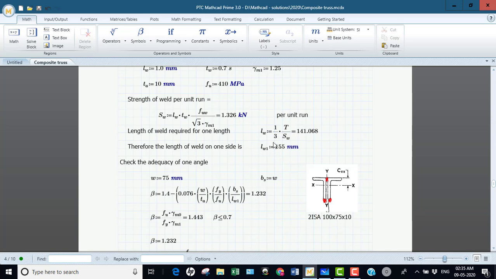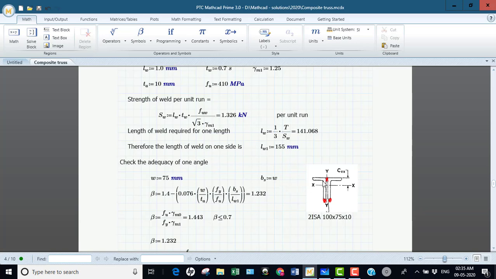Then, taking 1/3 of the total length as the distance and rounding off, the value will be 155. That is what I'm mentioning here: the length of the weld considered to connect this angle to the gusset plate is 155.